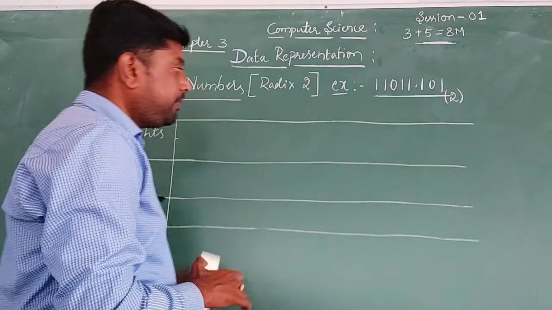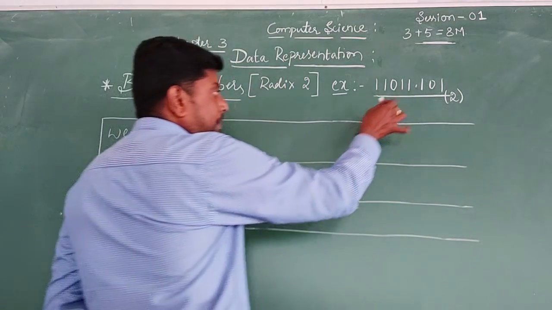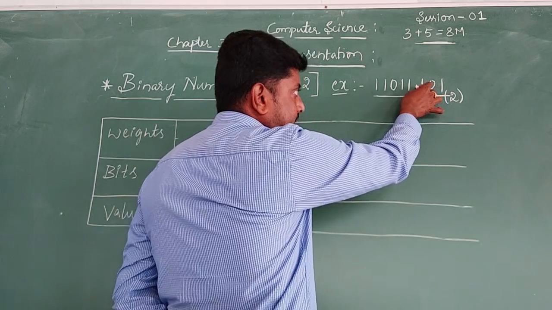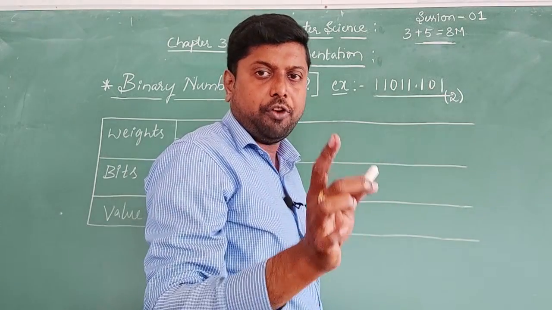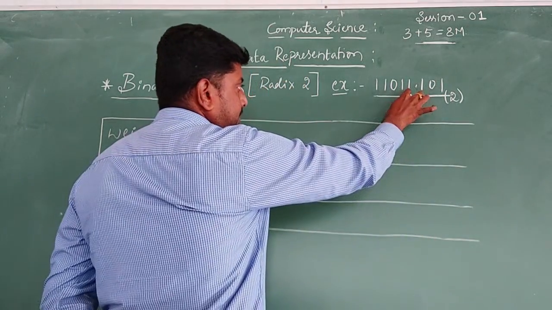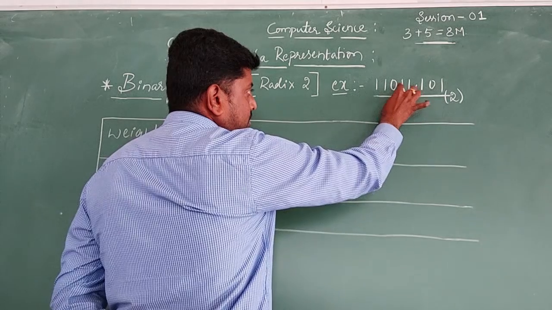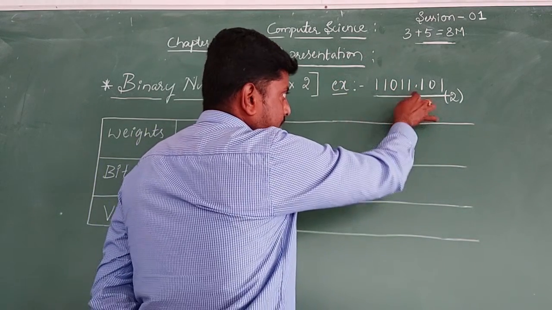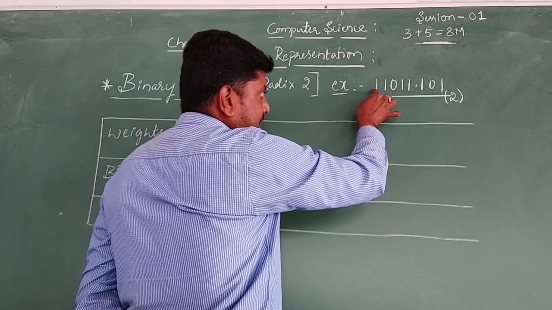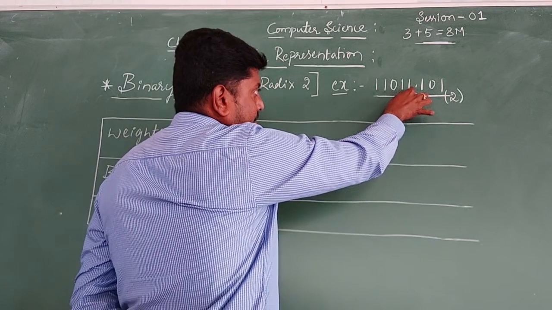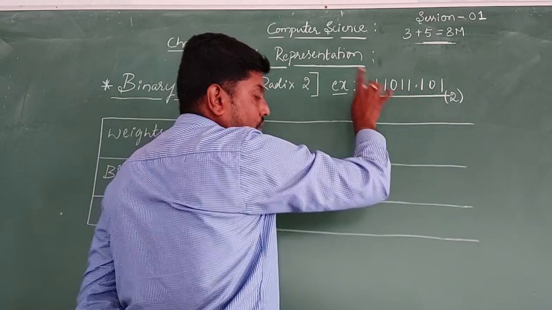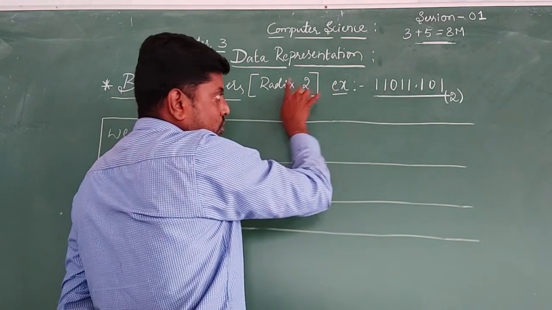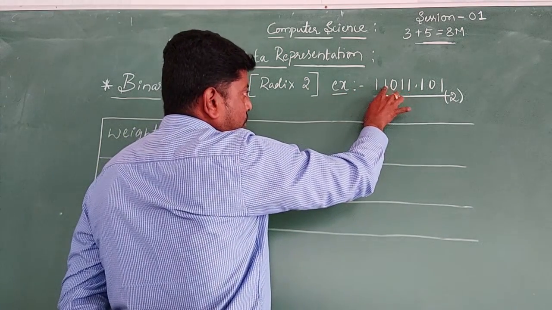In decimal, the positions start from 0, 1, 2, 3 and 4. So before the decimal point, we get a maximum of 5 digits, 0 to 4, but as its radix is 2.